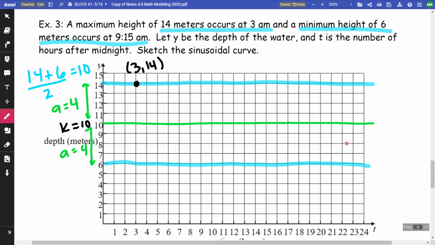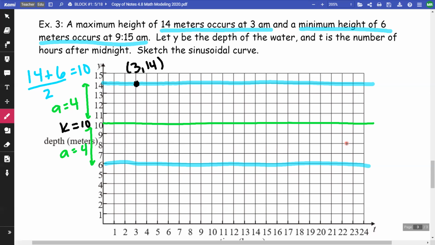I do know that the minimum of 6 is at 9:15 a.m. So again, this is time after midnight. It says let y be the depth of the water and t be the number of hours after midnight.